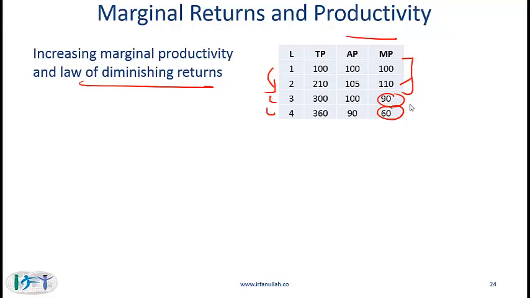And I also illustrated this in a picture that I drew earlier. If we have labor on the x-axis and total product on the y-axis, what is happening is initially the total product is going up at an increasing rate, but as we keep adding labor, total product goes up but at a lower rate. This is where we have diminishing returns.